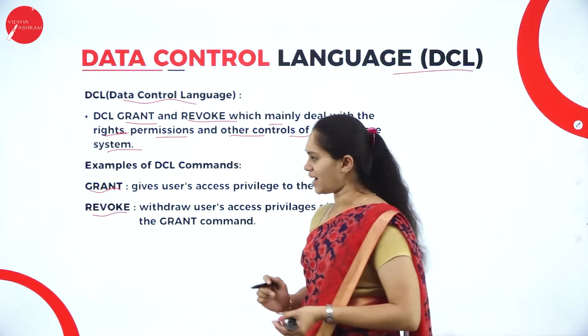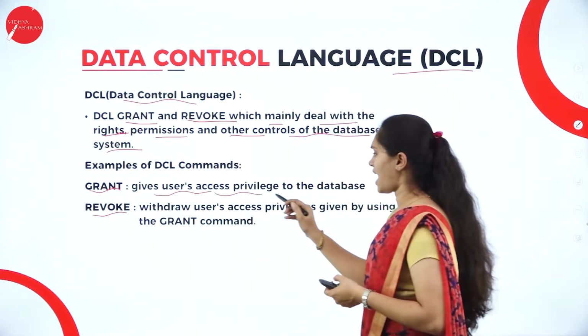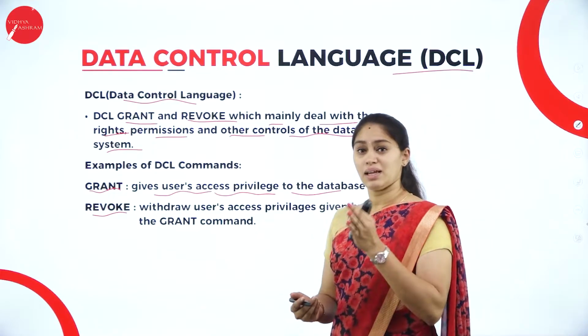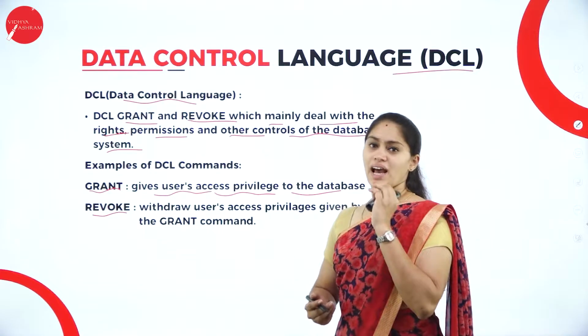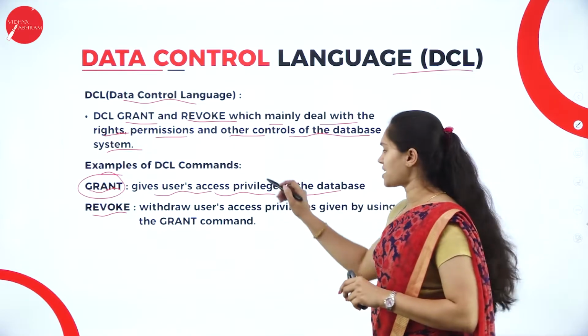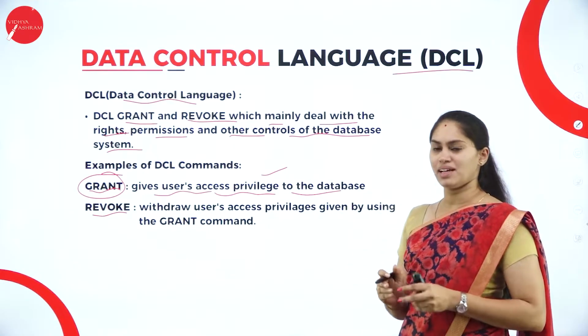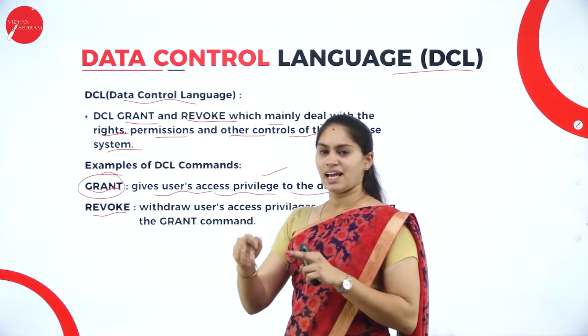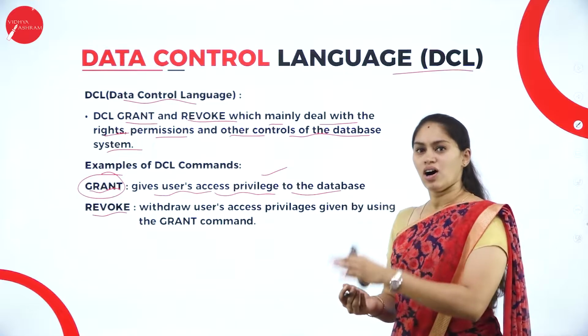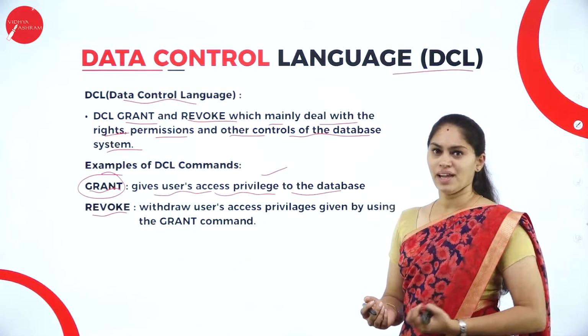If it is a grant, then it will give the users access privileges to the database. If the database administrator has said okay for grant, at that time I can have the access privileges to the database. When it is revoked, whatever permission or rights have been given to the user of a database will be taken back.